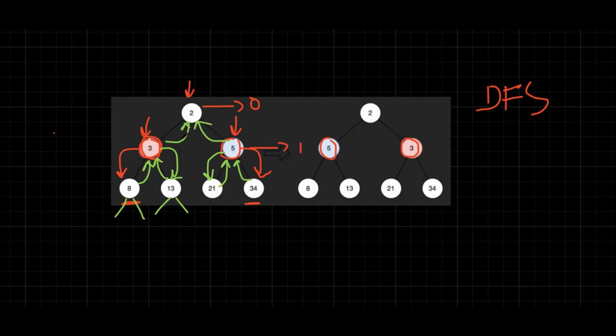So far, we will return from the node 2. So far, we have seen that we have the value 5 in the left node, and we have the value 3 in the right node. So this 5 and this 3 value is changed, which is the odd level.